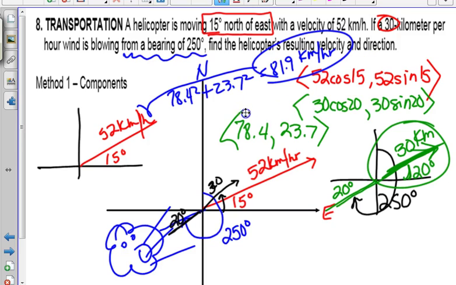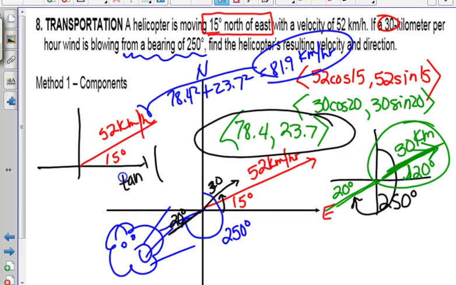Okay? So I want us to do inverse tangent of this. I know I've made this slide a total disaster. 23.7 over 78.4. Inverse tangent of 23.7 over 78.4 is 16.81. Okay? That's the angle off the positive x-axis.